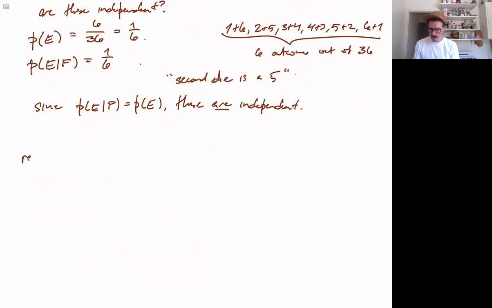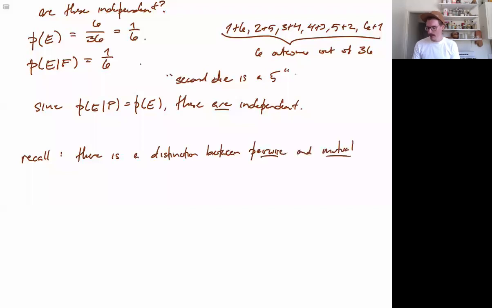Recall when you're dealing with more than 2 random variables or more than 2 events, there's a distinction between different types of independence. Namely pairwise and mutual independence.